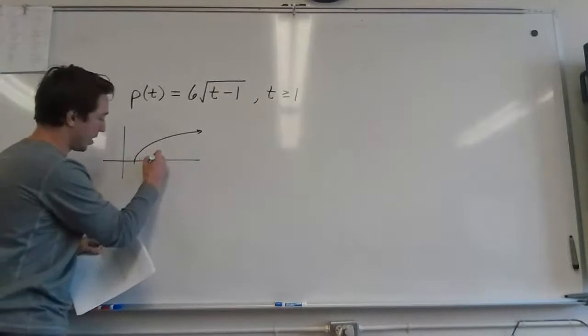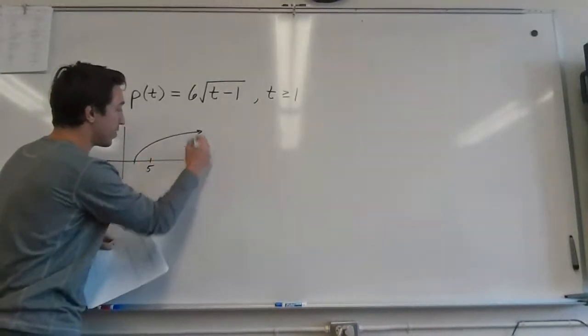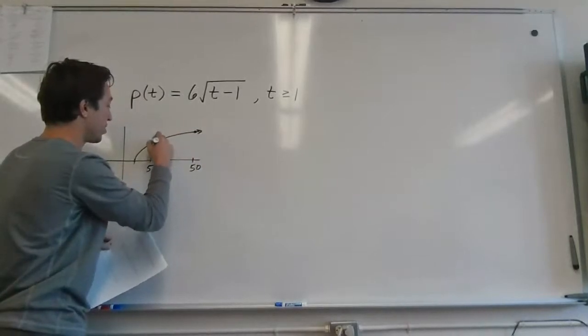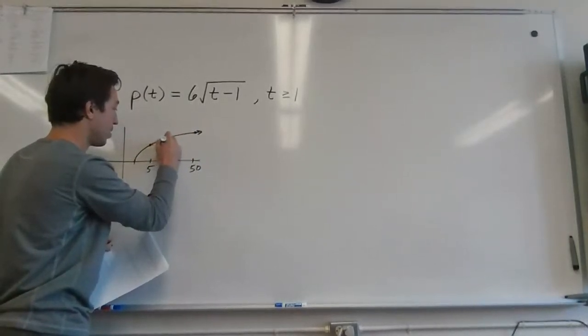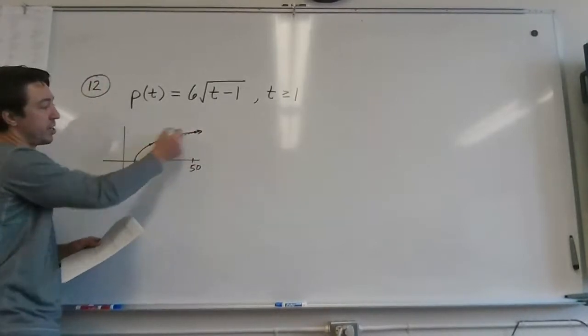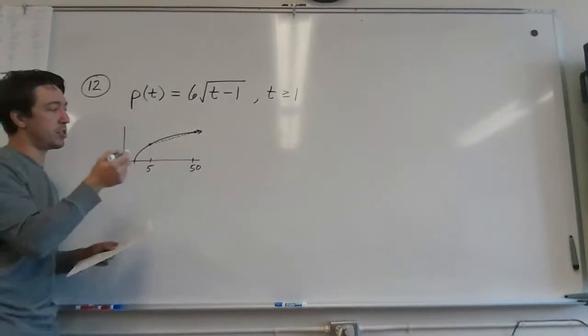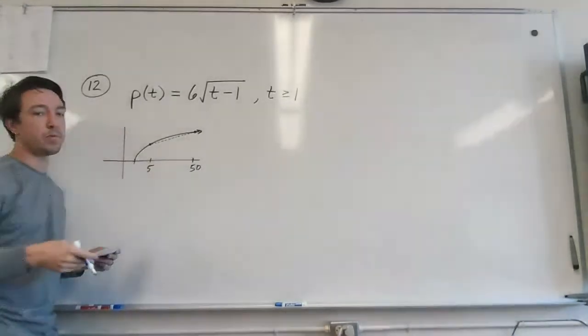Say this was 5, and this was 50. There's some average rate of change over that interval, and what was the time at which your instantaneous speed was equal to that number?